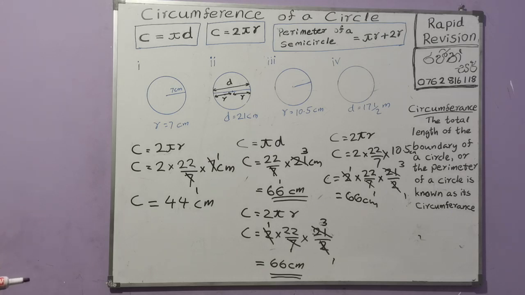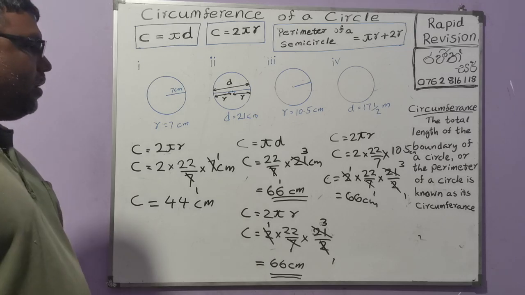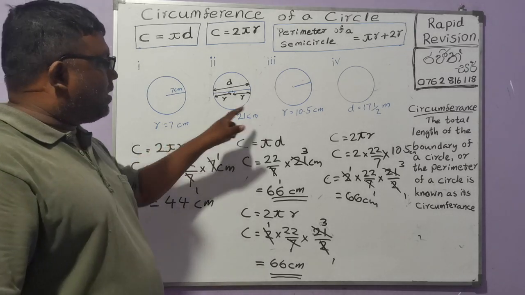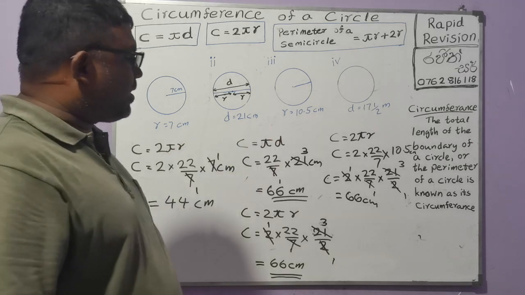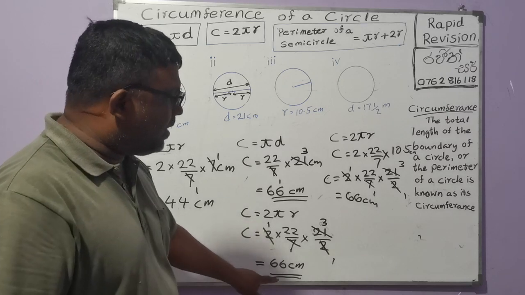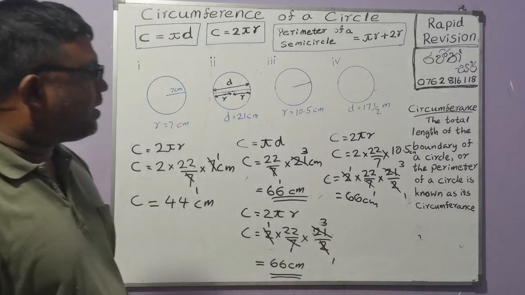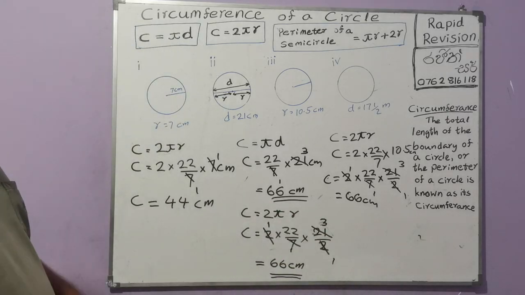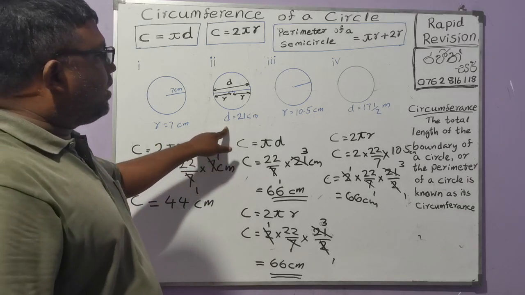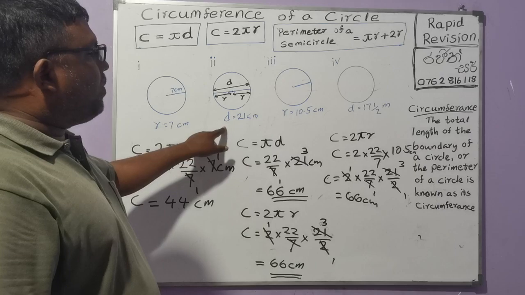Now you should be able to understand the first, second and third questions. We got the same answer, 66 centimeter, here also 66 centimeter, because this circle's diameter is 21.